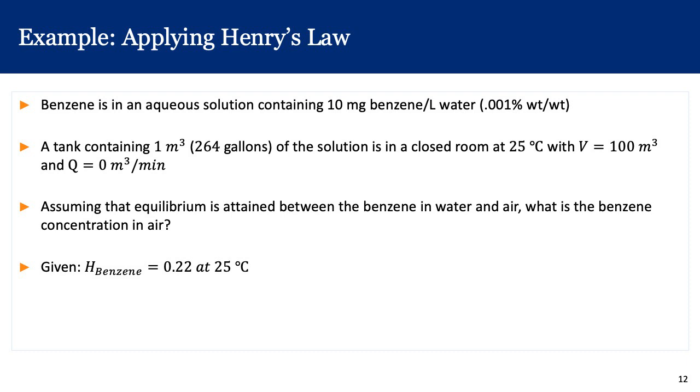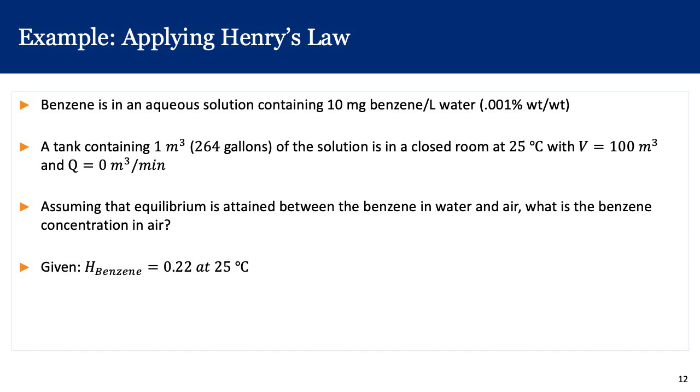Let's look at this example. Assume that benzene is in an aqueous solution containing 10 milligrams of benzene per liter of water, and a tank containing 1 cubic meter or 264 gallons of the solution is in a closed room at 25 degrees Celsius. The volume of the tank is 1 cubic meter, and the volume of the room is 100 cubic meters.